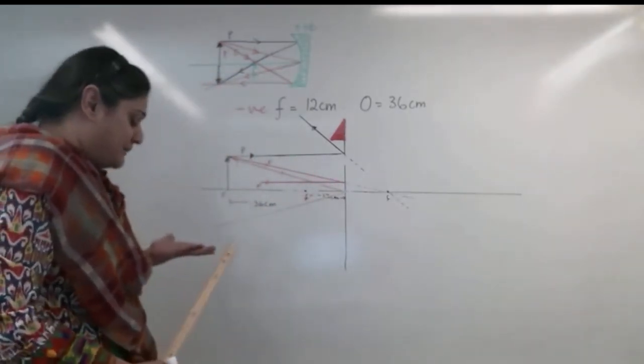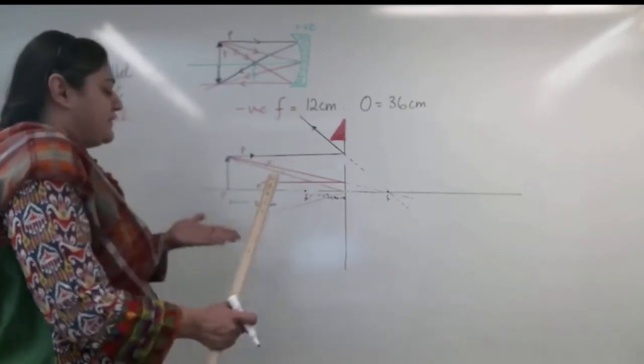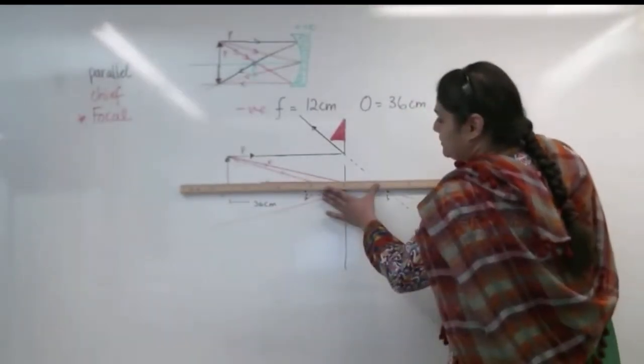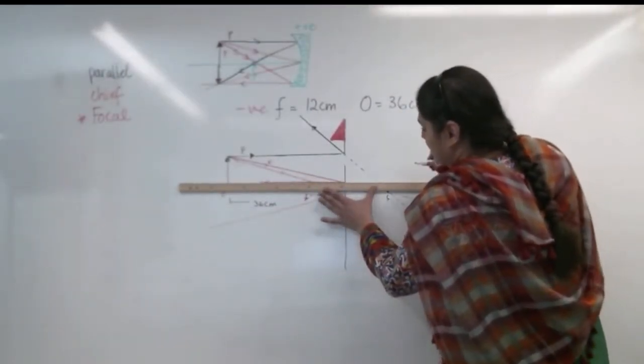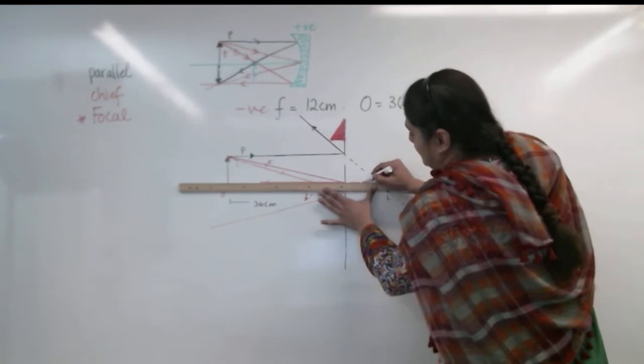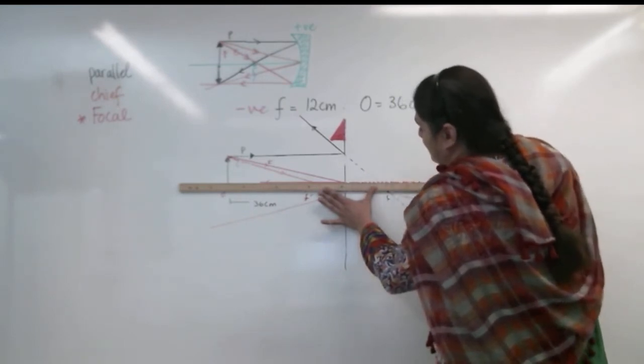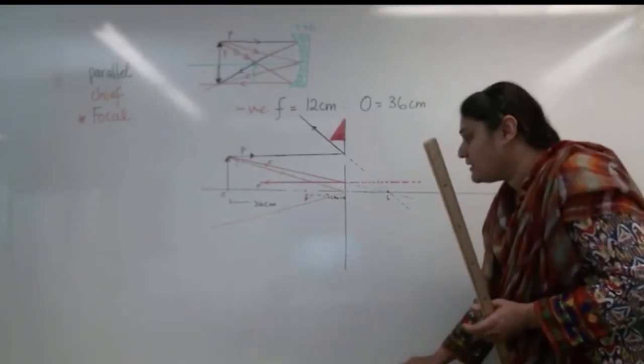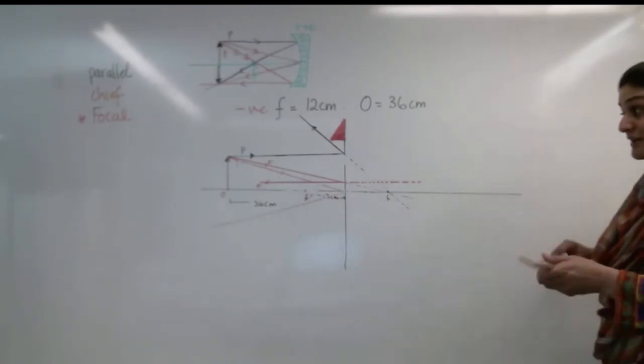Now again, same problem. I don't have anywhere where they're all converging. So how do I solve that problem? I'm going to redraw this extending forward, right? Extending forward. Two rays meet up. Question, will the chief ray also meet up?